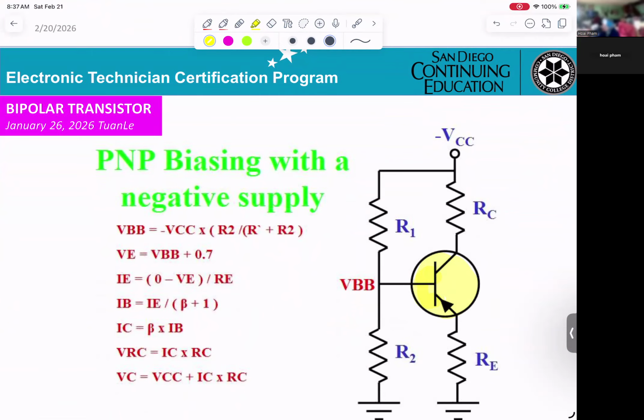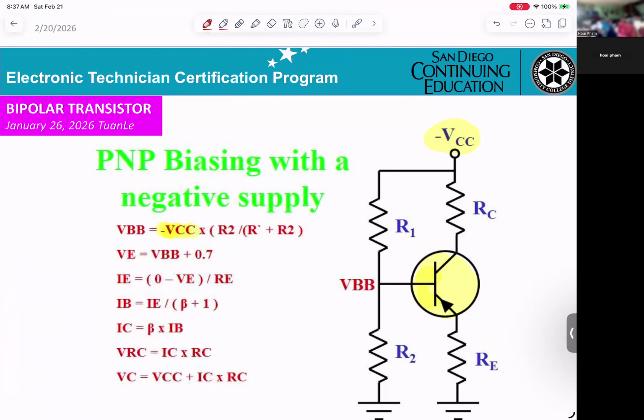Okay, bias with negative supply. So VDD equals, you see that? They're using a negative supply. So that's why VCC divided by R1 plus R2.